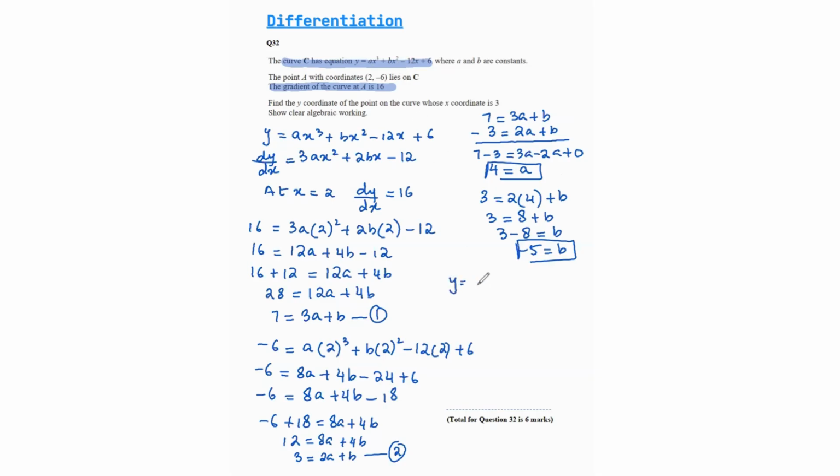So y is going to equal 4 times 3 cubed plus -5 times 3 squared minus 12 times 3 plus 6. That is going to give us a value of 33. So the y coordinate is 33 when x is 3.